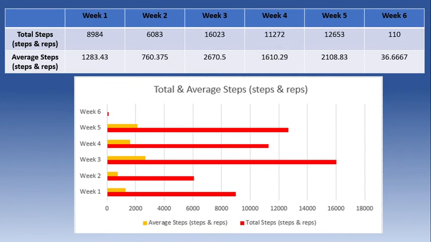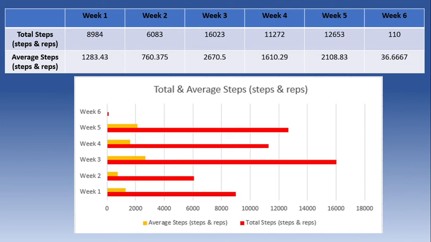Coming to the last chart, which is the total and average steps, which I have calculated with the addition of steps and reps, depending on different kinds of exercises. As you realize, on week 6, I have only done 110 steps due to the amount of exercise I did, which is only 3 exercises.